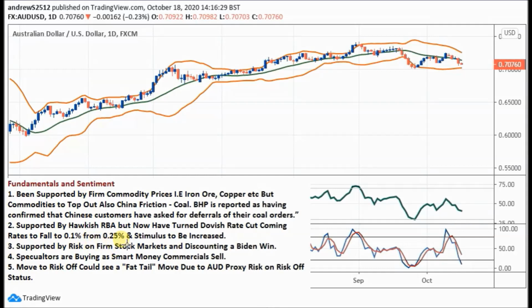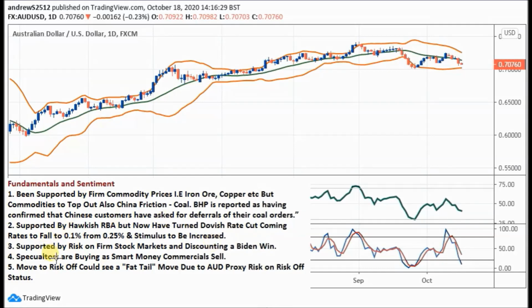I know it's not big yield, but that yield erosion obviously will weigh on the Aussie dollar. And they're going to have to increase stimulus. Any bank that increases stimulus, that's bearish for the currency. So I think the RBA is a bearish fundamental, which will weigh on the Aussie dollar.